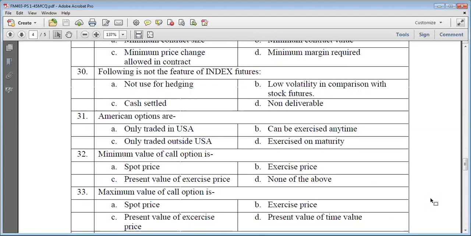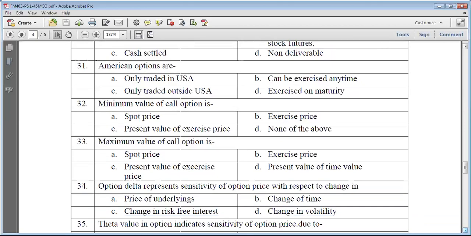There we have mentioned that spot price is the minimum value of the call option. Now 33 is just opposite. Maximum value of the call option. The maximum value of the call option is exercise price. So you have to select the exercise price.